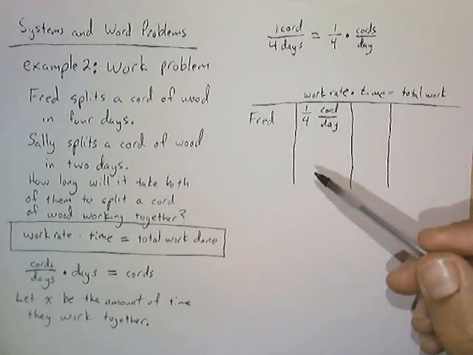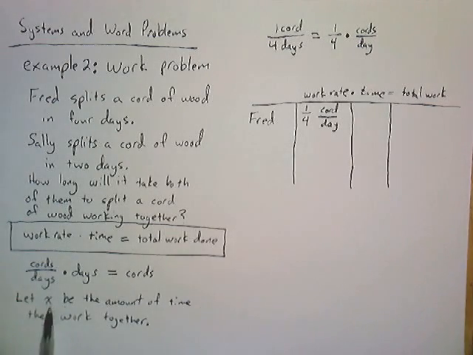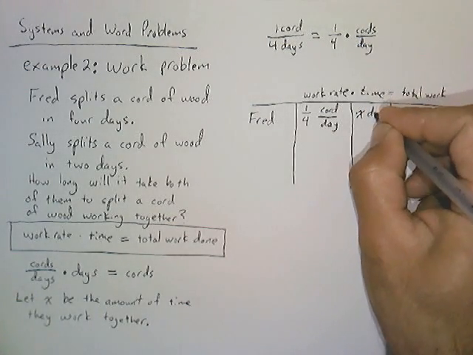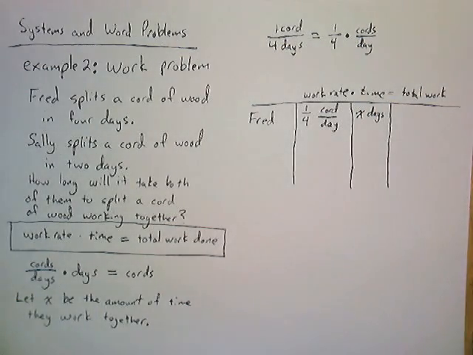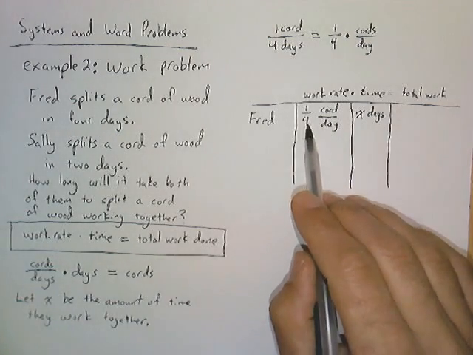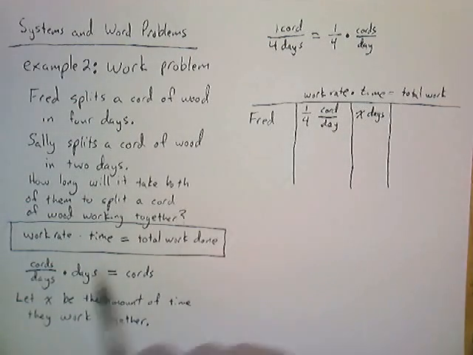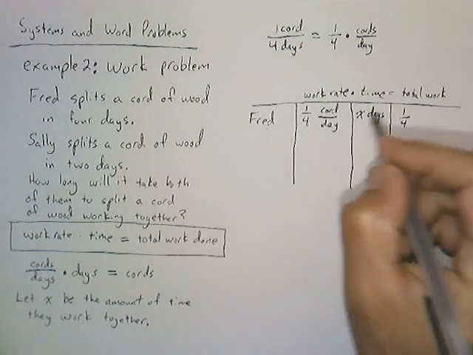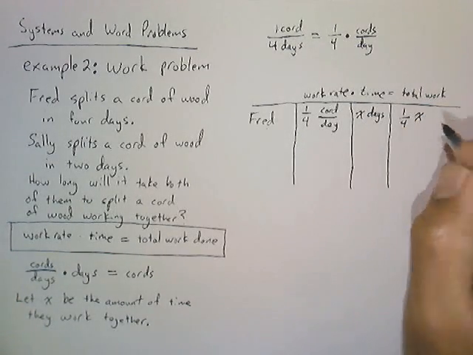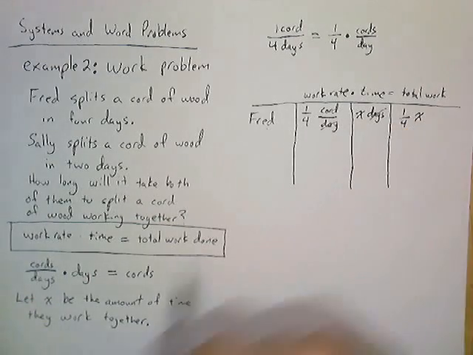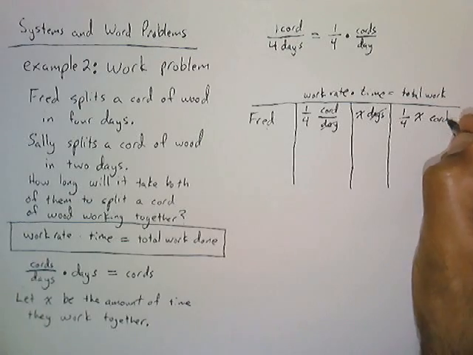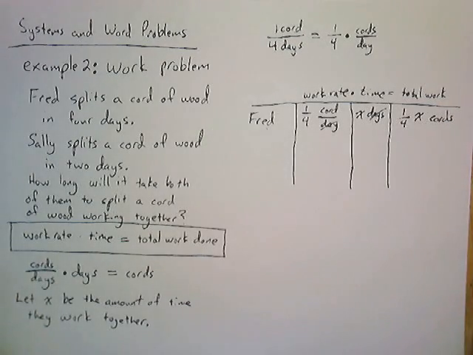Now the amount of time that he's going to be working, well, he's going to be working for X days. He's not going to quit early, neither is Sally. So if we multiply the work rate times the time, we'll get the total amount of work that Fred does. 1/4 times X, and of course the days are going to cancel. So this is in cords of wood.